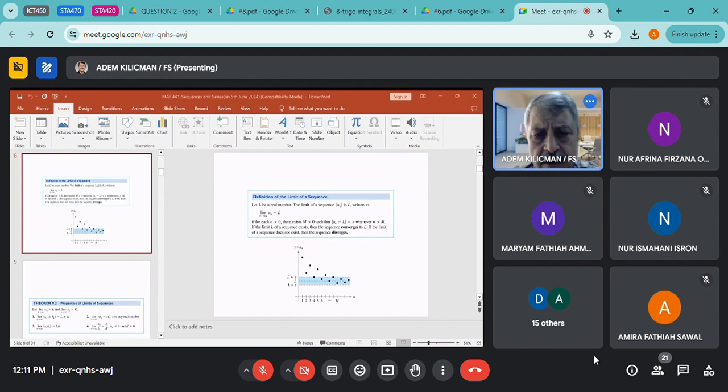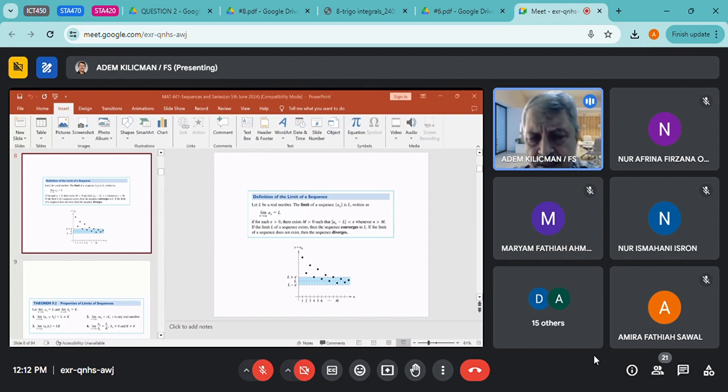So meaning that, as I explained yesterday, only finitely many of the terms are outside the interval L minus epsilon, L plus epsilon. Epsilon is greater than 0, but usually a small number.